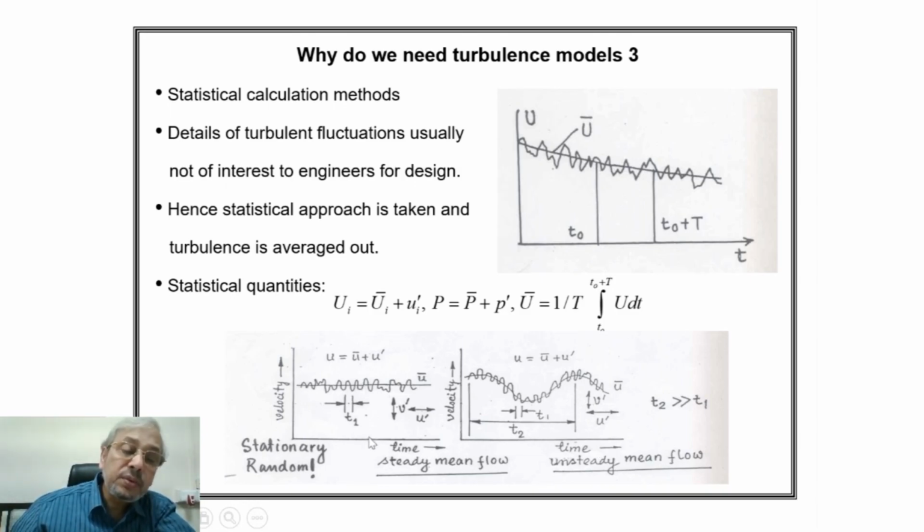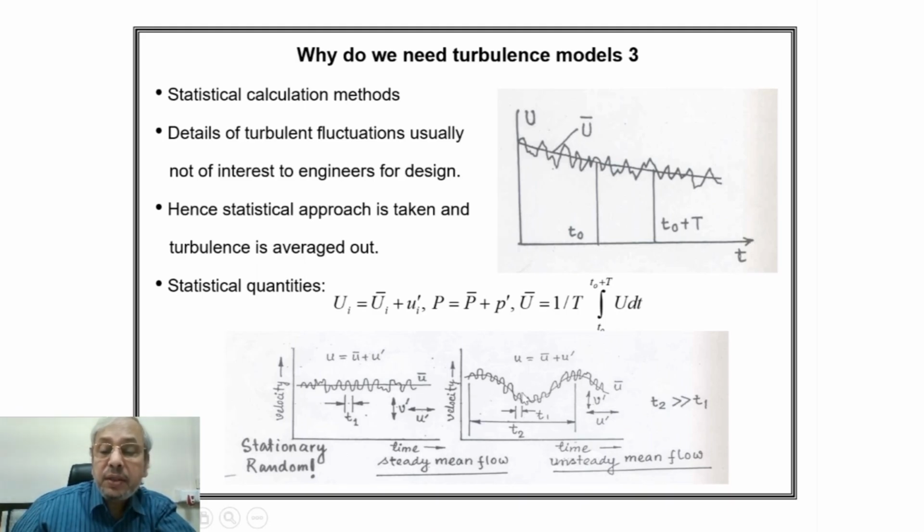Here the time average velocity is not a function of time. Such flows are called stationary random. It is random, but the time average value is constant, stationary. Here the random fluctuations are seen, but the time average value is again a function of time. But this time period is quite large and much greater than the time period of turbulent fluctuations.